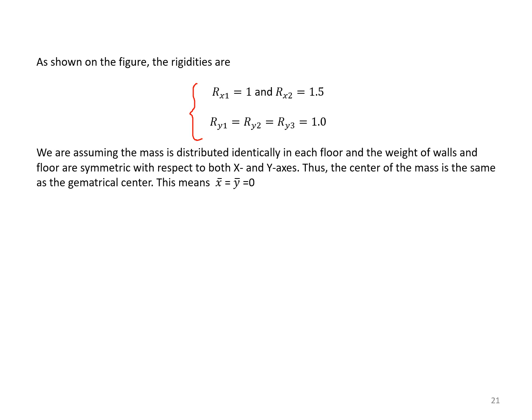We are assuming the mass is distributed identically in each floor, and the weight of the walls and the floors are all symmetric with respect to both x and y axes. Therefore, the center of mass is the same as the geometrical center in this case. So x bar is equal to y bar is equal to 0.